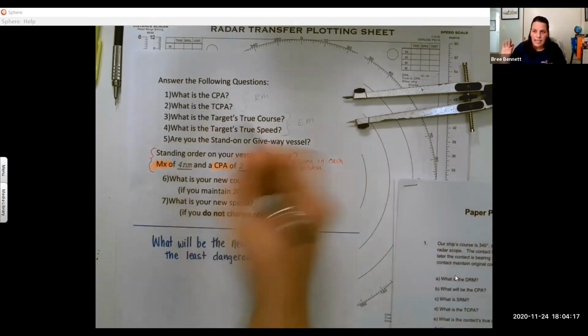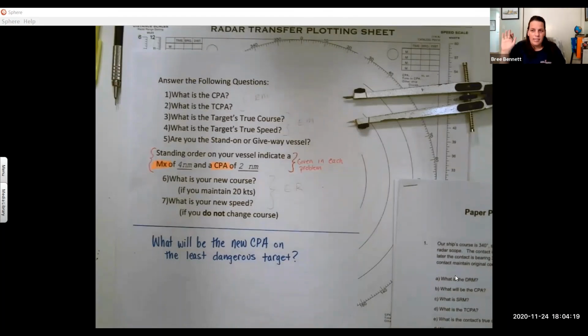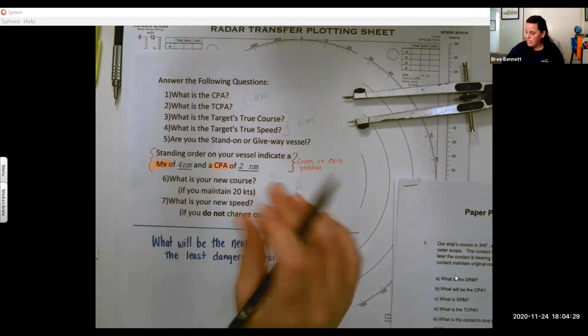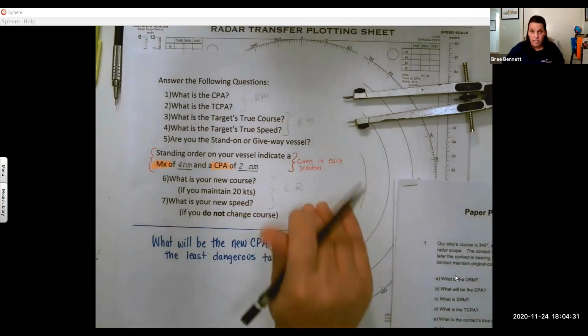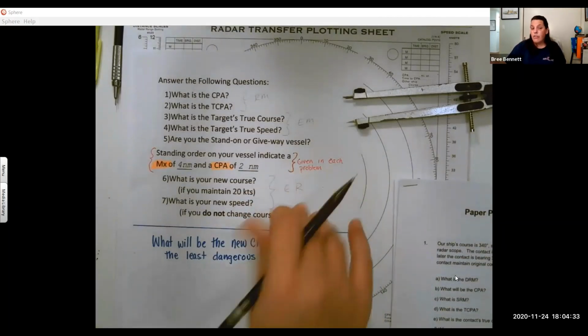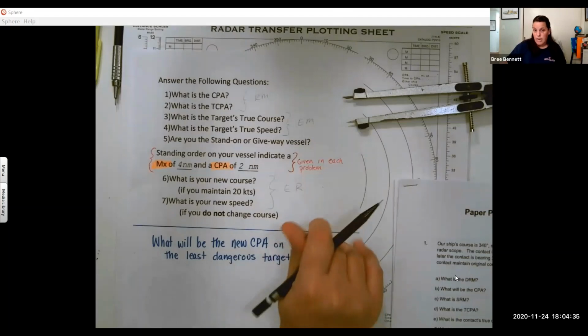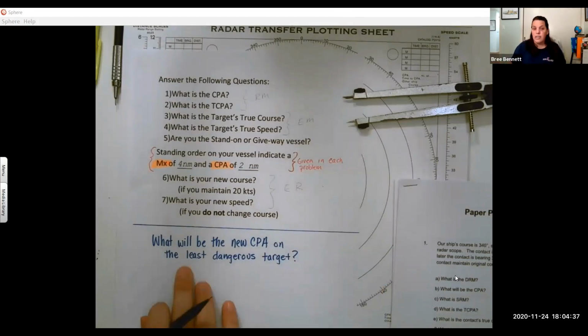What we're going to be focusing on: we're not going to focus on the other little things that they can ask you. There's a lot of information you can get, but we're just going to focus on these 7 questions. Then for a multiple target plot, we're just going to add one more question.